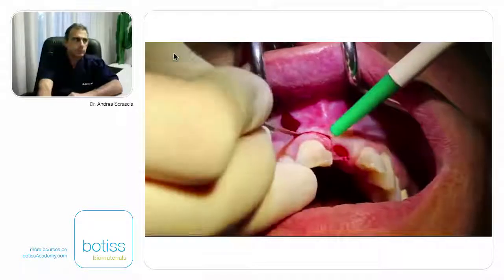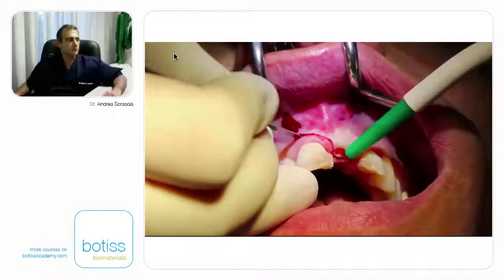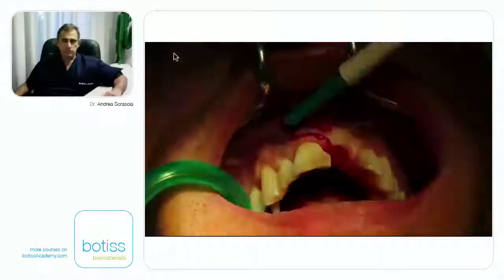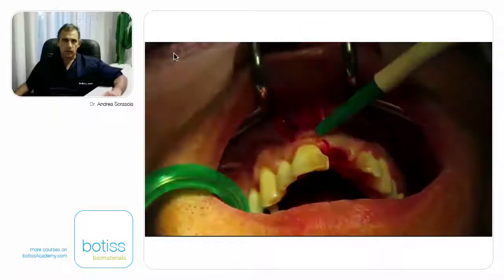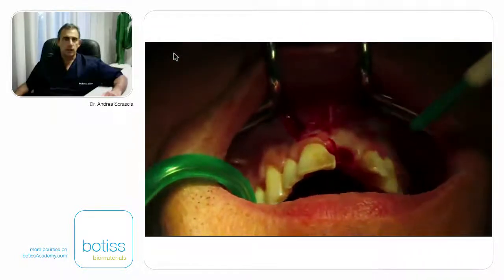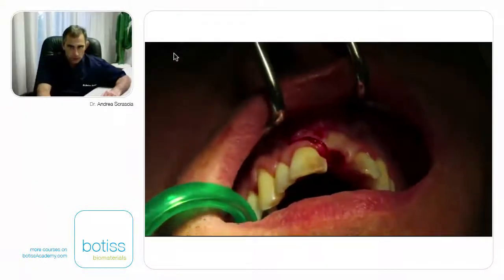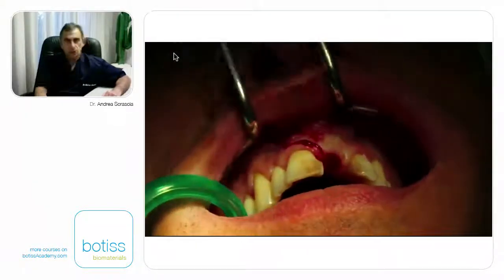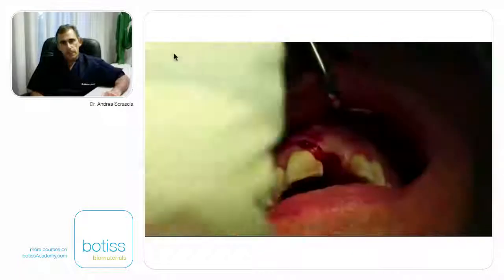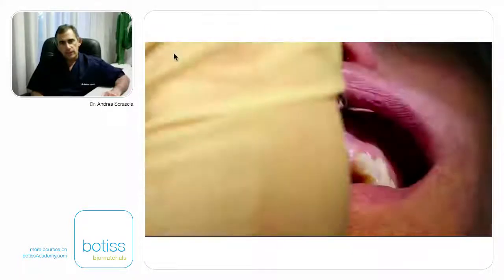So this is the... want to show you the thickness.